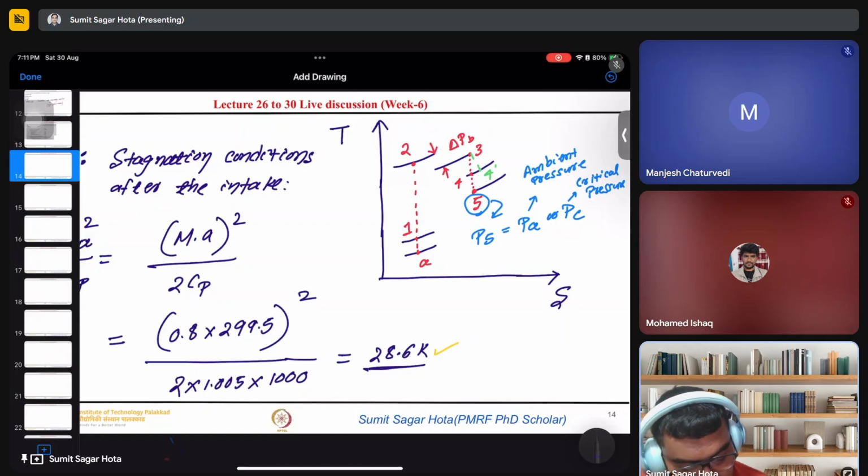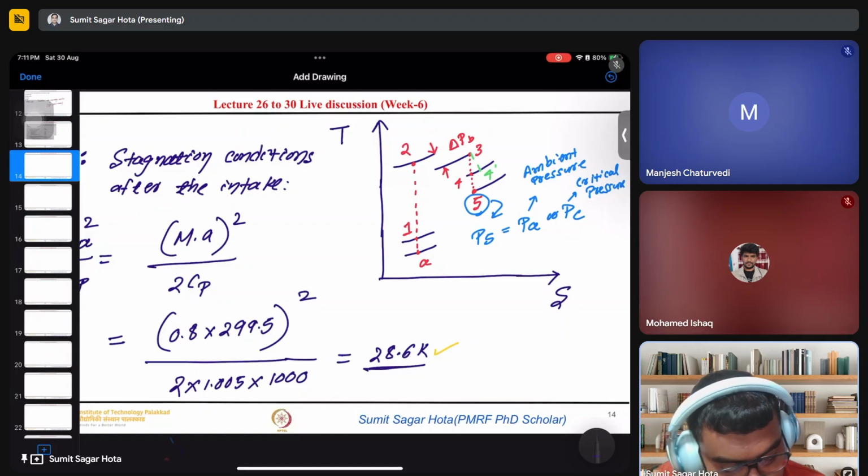From 1 to 2, your compressor is working, and both are connected through the shaft.